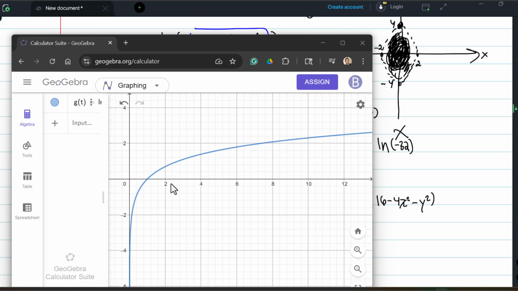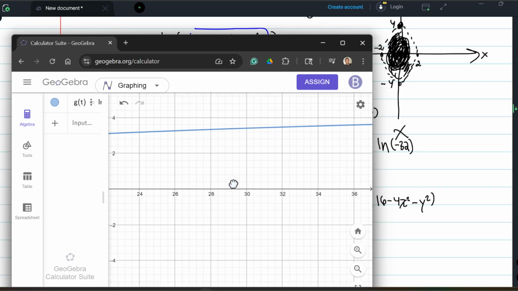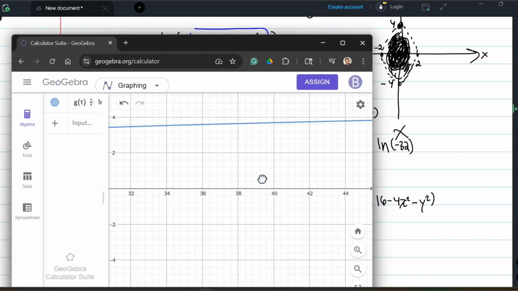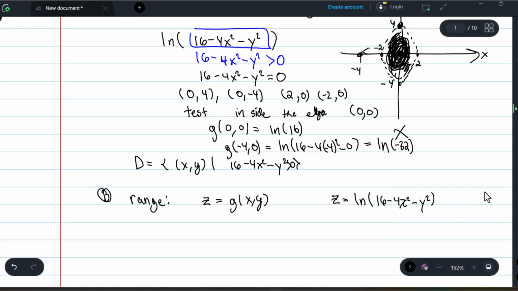Then if you look at the other side, as long as you can plug in any positive number as the input of your natural log, you can get any real number in the output, so up to positive infinity. So the question is, is there a bound for our particular equation in terms of how big a number we're allowed to plug into our natural log?